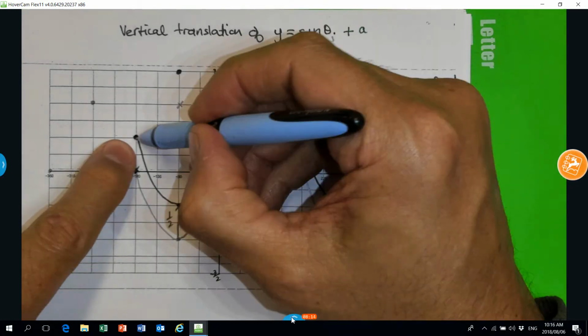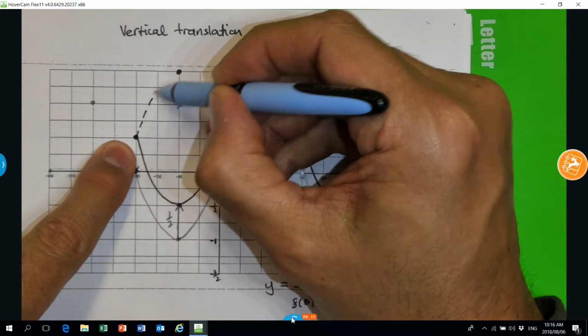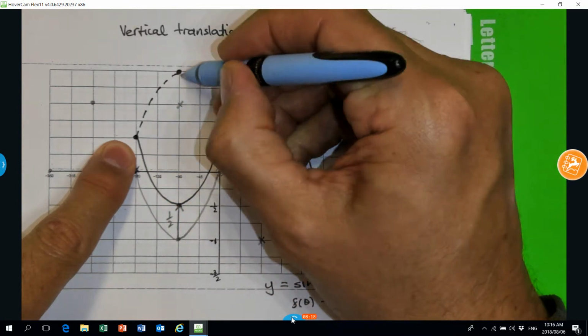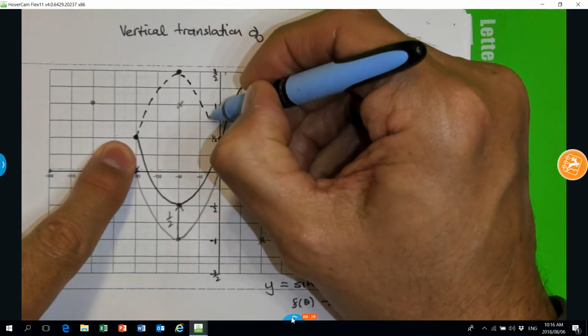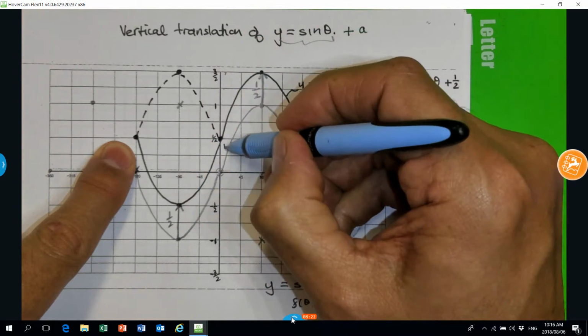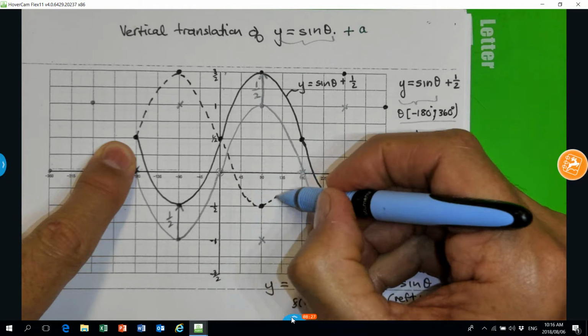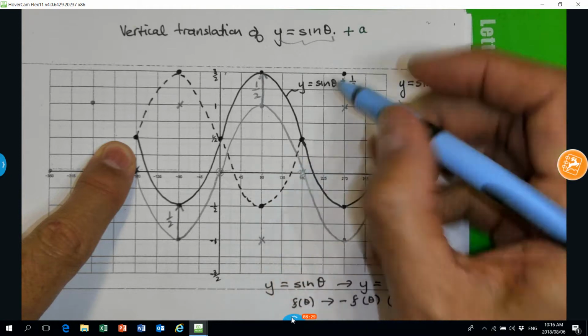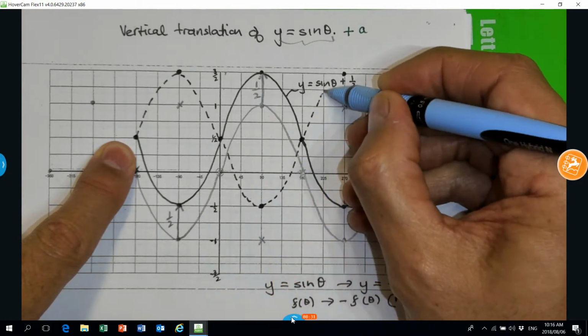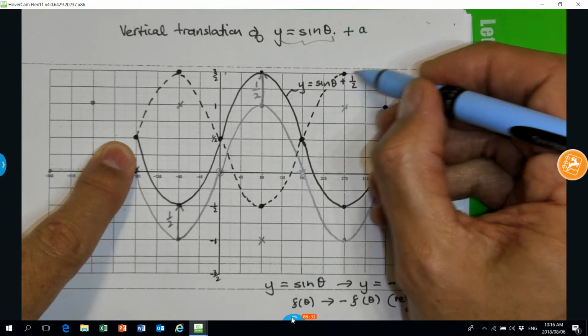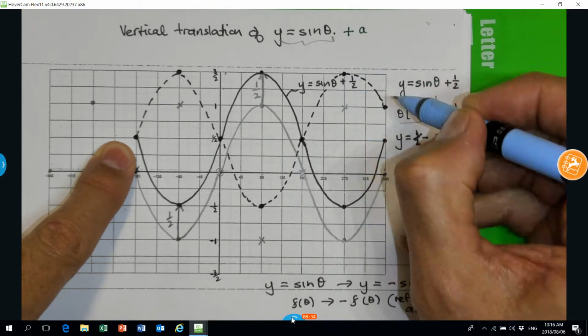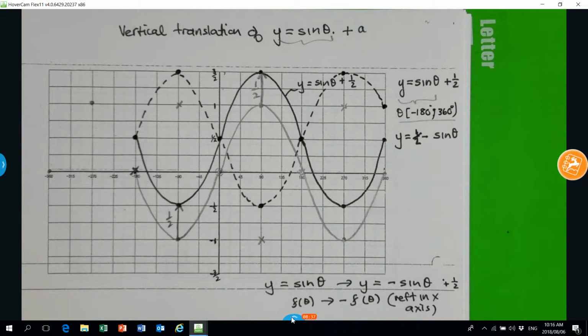Okay, so I'm going to draw this one as a dotted curve. There we go. I curve through my transformed points to the turning point. I curve it back up there, and then I go to the turning point that lies up there, and then return to the point over there.